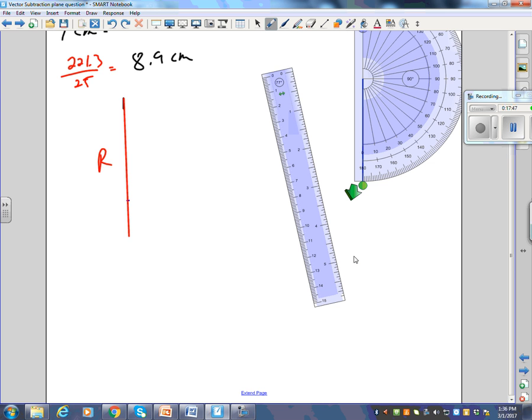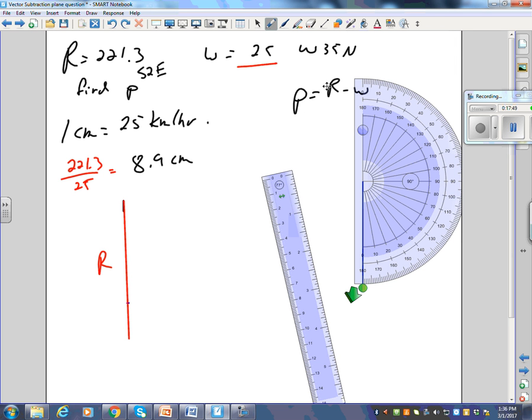So my wind vector is not west 35 north. Minus wind is going to be 25 at east 35 south. East 35 south. And I'm going to add that to this one right here. I'm going to add it, which means tip to tail.